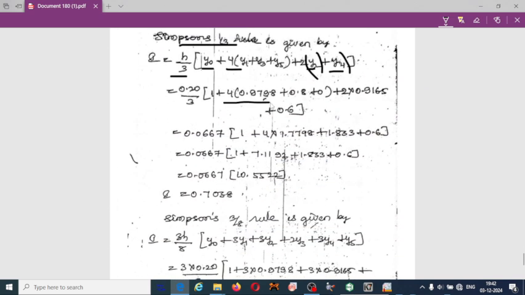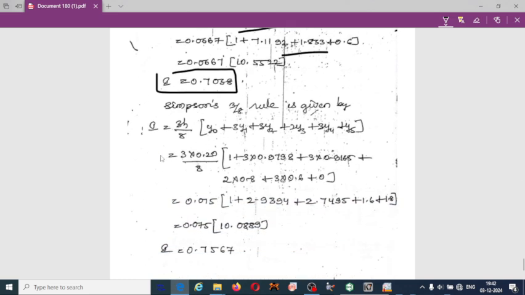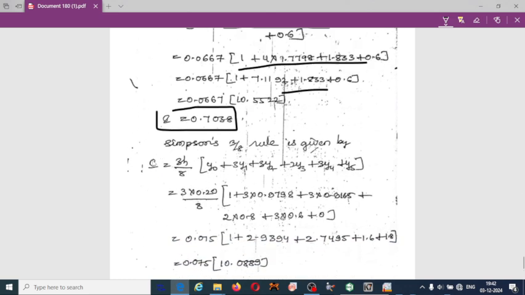Then simplify this equation. You will get I equal to 0.7038. First thing is to remember the formula and then substitute the values properly, multiply the values, and you will get the required answer.